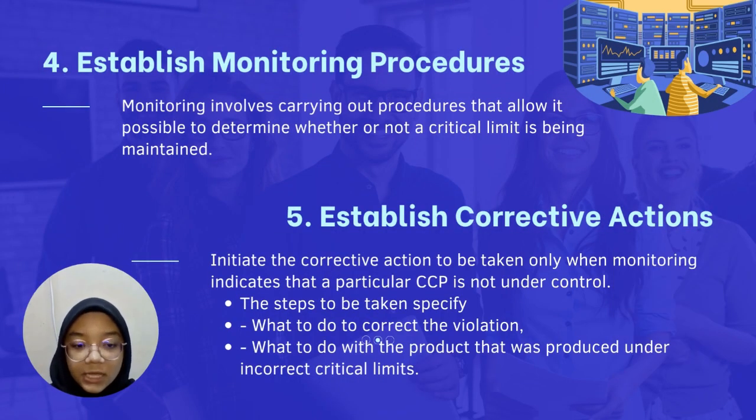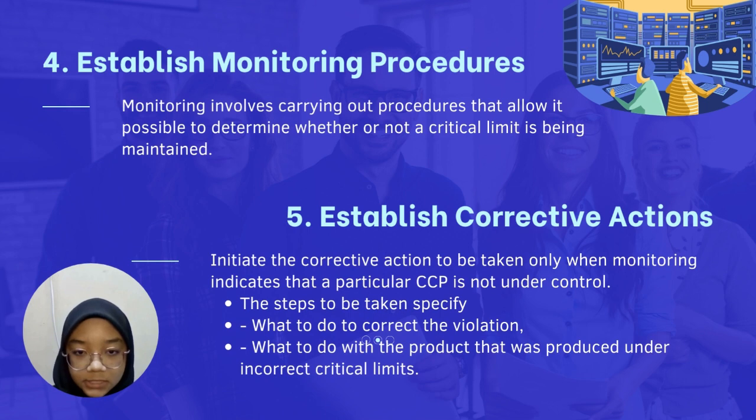The fourth principle is establish monitoring procedures. Monitoring involves carrying out procedures that make it possible to determine whether or not a critical limit is being maintained. To determine whether the standards set by CCPs are met or not, some monitoring methods are carried out. For example, inspect workers' practices and raw materials, sensory evaluation, and chemical measurement.